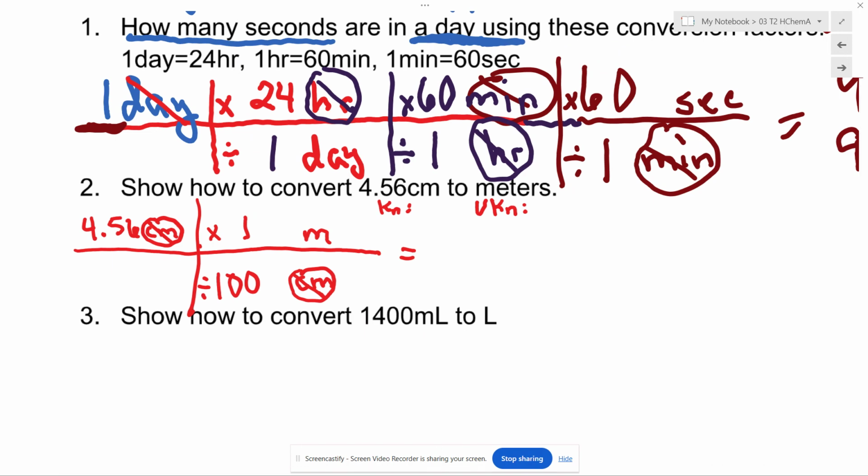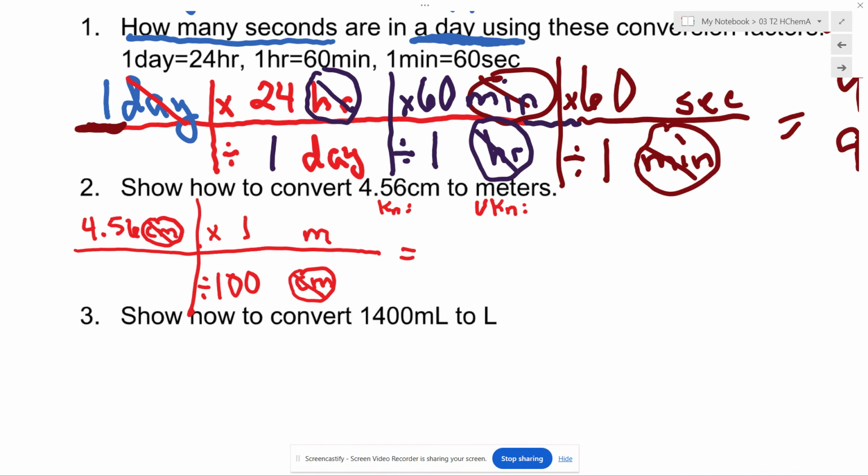So this becomes 4.56. I'm going to put it into my calculator. 4.56 times 1 divided by 100 equals, and my answer is coming out in scientific notation.